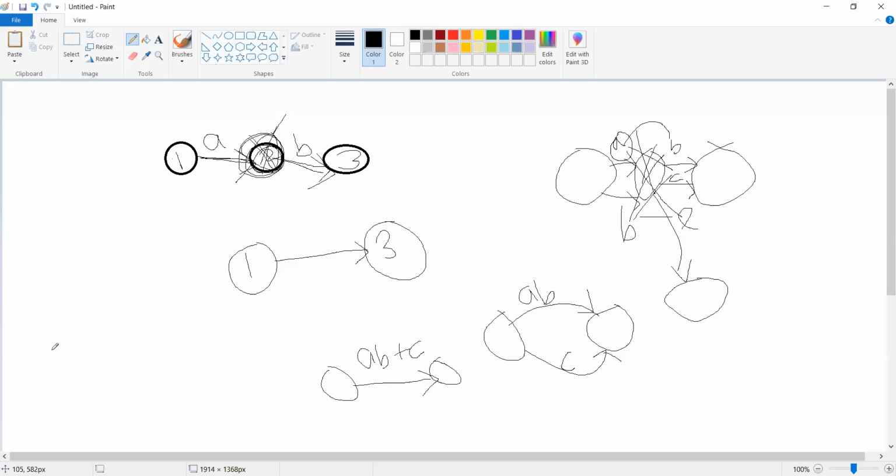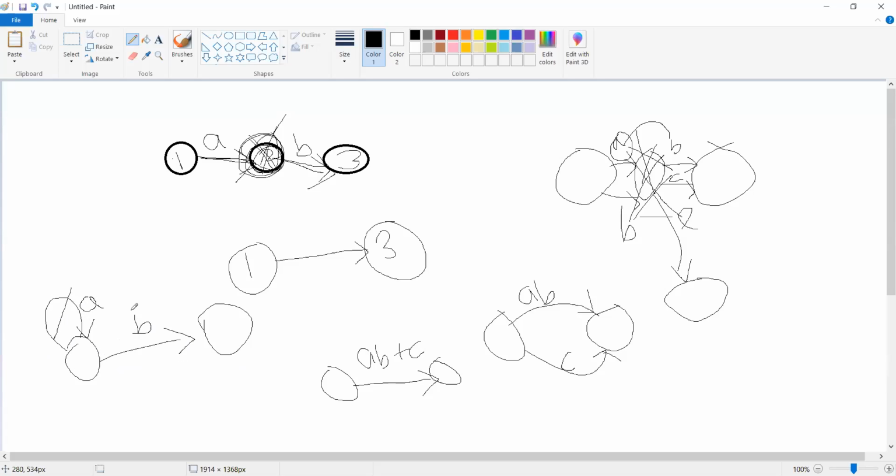For example, let us observe that this is a state where I have a transition with the name A, and here I have one more state, which has transition B. Now, I want to remove this loop.